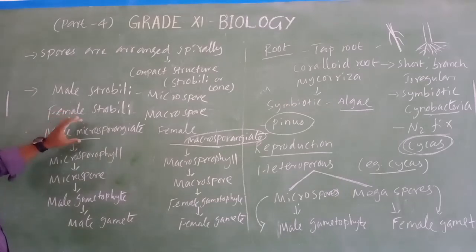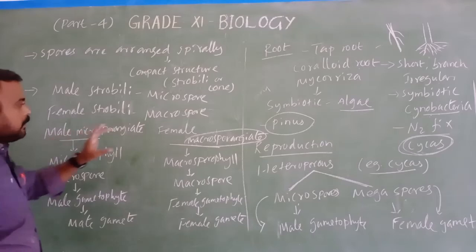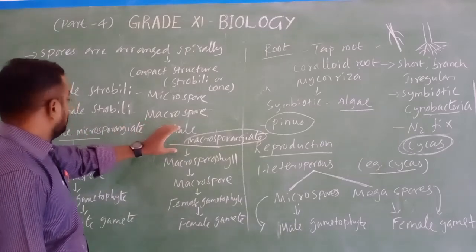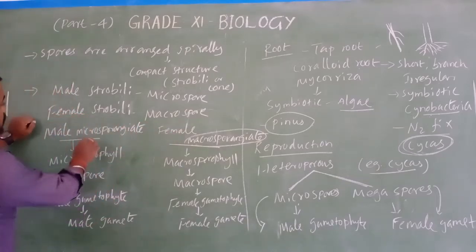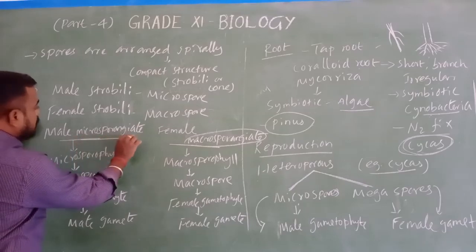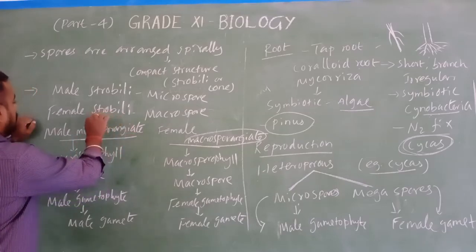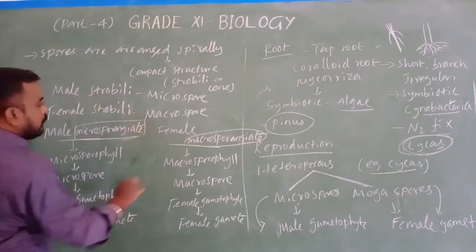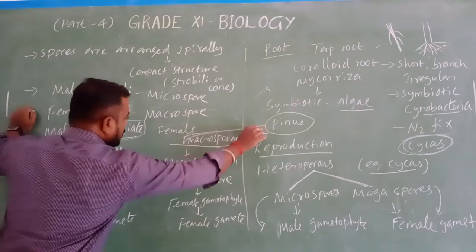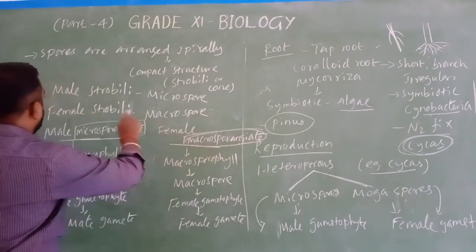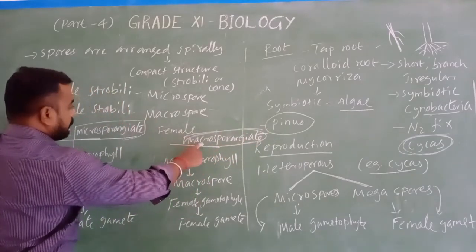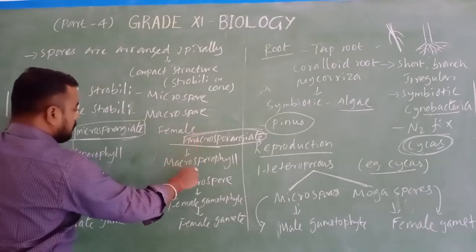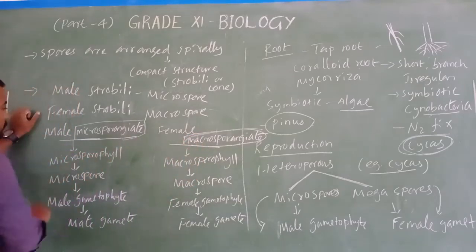Microsporangiate means male strobilus. Macrosporangiate means it is female strobilus. Okay?